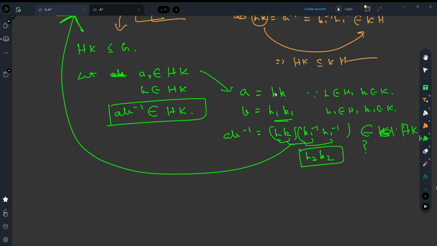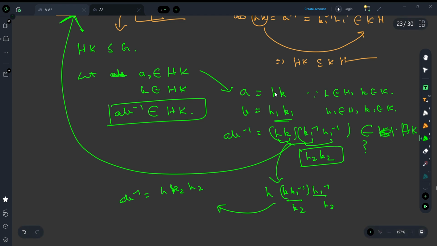That is what I want to say. If I group them up, it's of the form h k K1 inverse H1 inverse. Suppose I take this to be K2, then AB inverse is of the form h K2, and suppose I choose H1 inverse to be H2, h K2 H2. But there is no more possible manipulation here. We need to show that it's in HK. The only possibility is if I can interchange these two positions. By interchanging, I do not mean that I want them to commute.